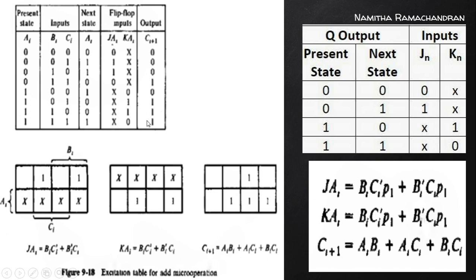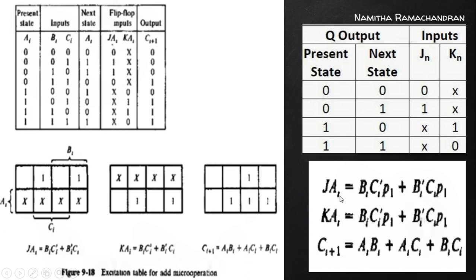And for this Cout expression also, by simplifying we get AI BI plus AI CI plus BI CI. Okay, so these are the Boolean functions obtained after simplifying J, K and Cout. Now we need to consider our control variable along with this Boolean function. This AI indicates a particular bit of our accumulator, A0, A1, A2 up to AN.